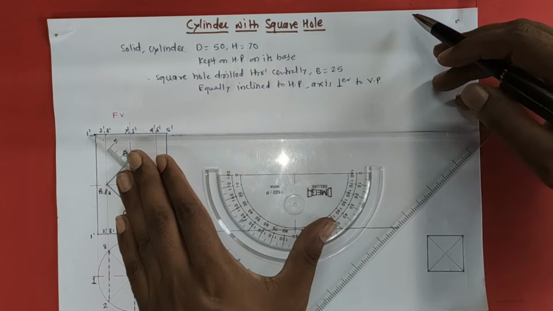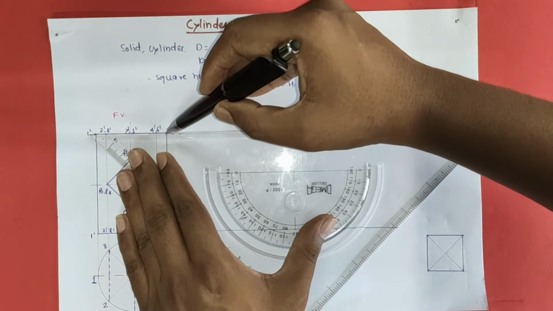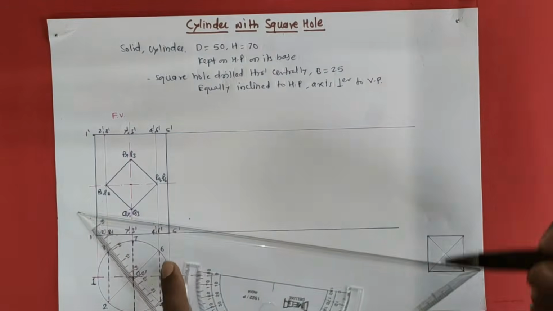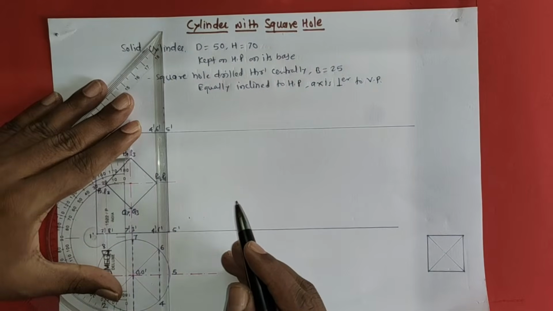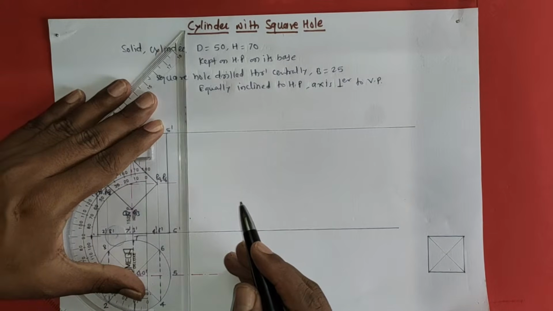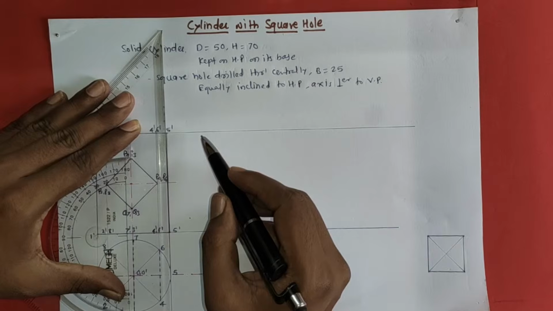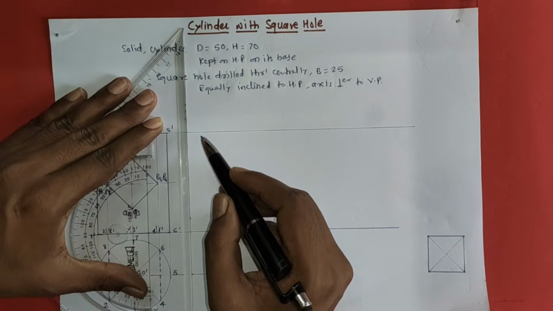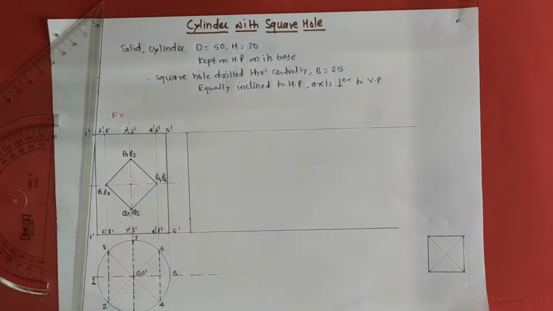Then similarly extend this top line, so I have matched it and extended it to the right side. Now draw any line which is parallel to the axis or one of its generators. I have drawn it here.